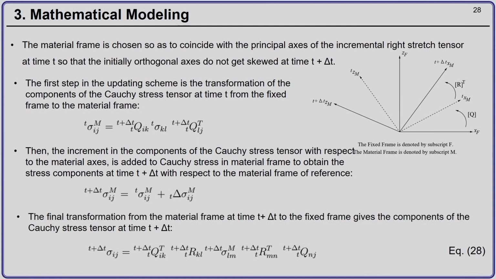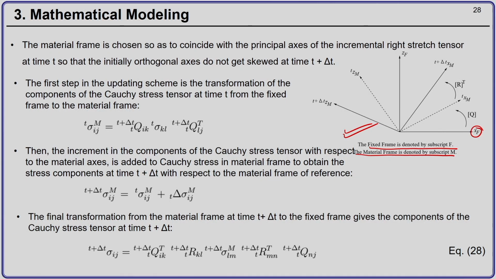Consider this particular figure, where the fixed frame is denoted by subscript f and the material frame is denoted by subscript m. The fixed frame is what we use, and the material frame is attached to each Gauss point of the material.